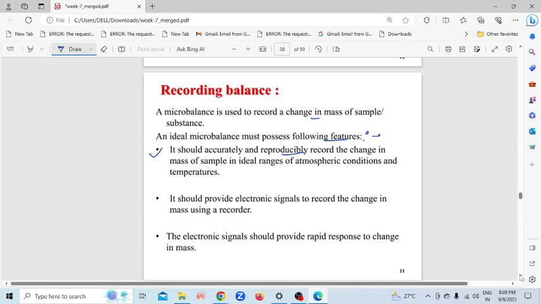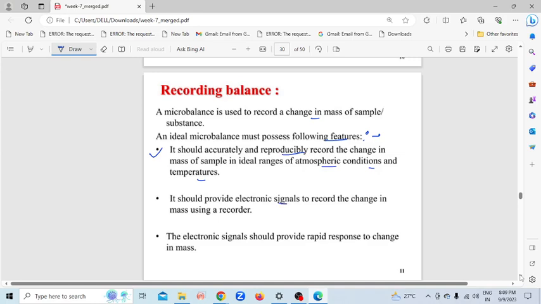Otherwise you will not be able to reproduce your result. And it should work according to atmospheric conditions. Because we are going to measure at high temperature, this balance should work at higher temperatures also.